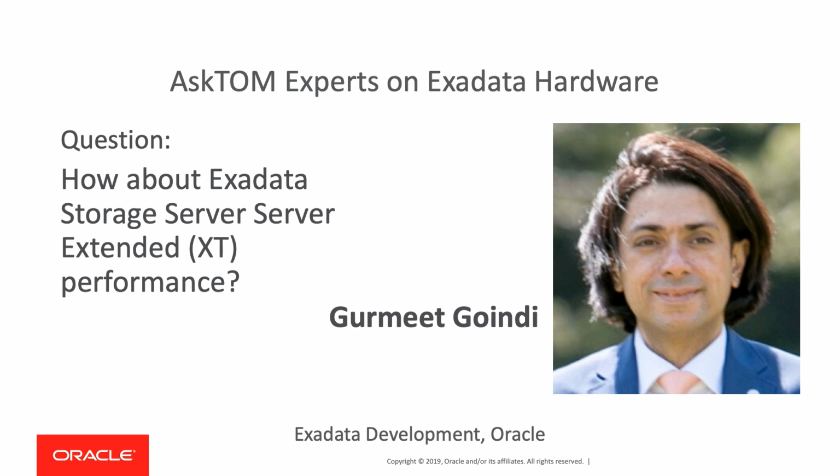I see a question of how do you talk about performance with XT? Now, the primary driver for XT is not performance. The primary driver for XT is to give an integrated solution for all your compliance and regulatory needs for all your data.